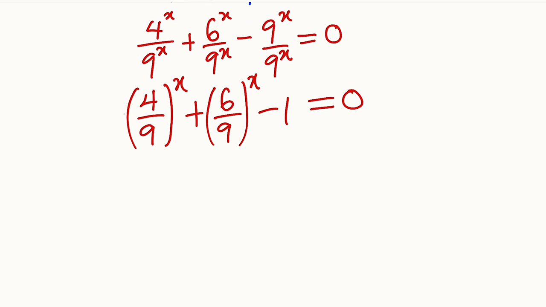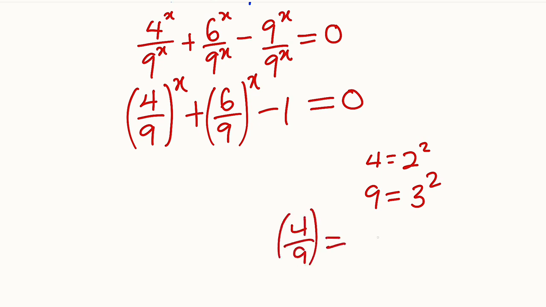But from the first term here, 4 is the same thing as 2 power 2 and 9 is the same thing as 3 power 2. Therefore, whenever you have 4 divided by 9, this can be written as 2 divided by 3 to the power of 2. So this is what we need to substitute.